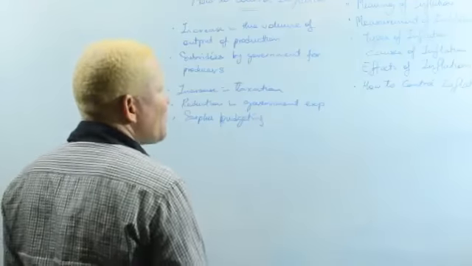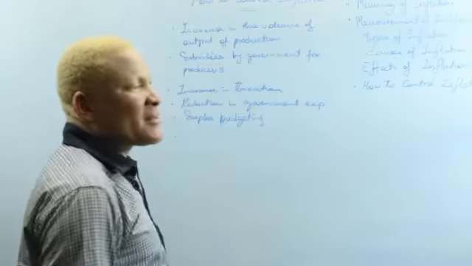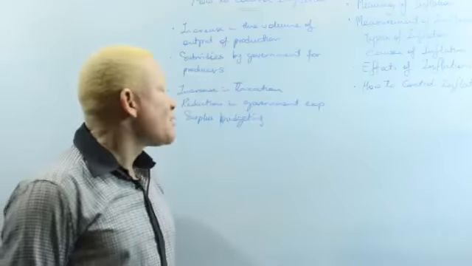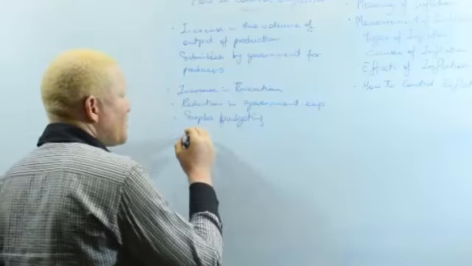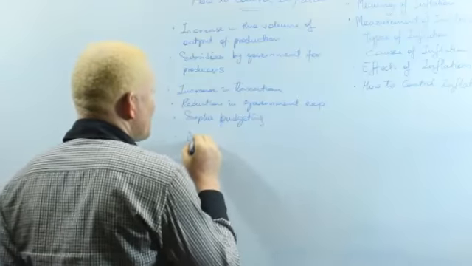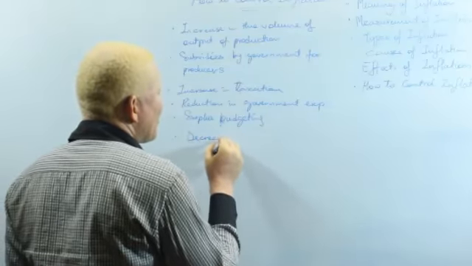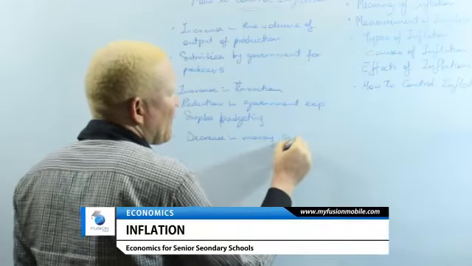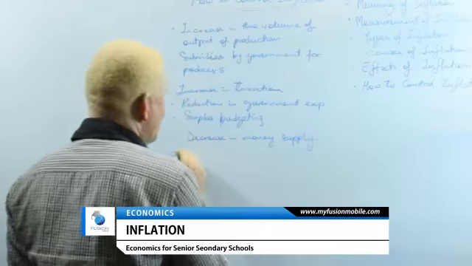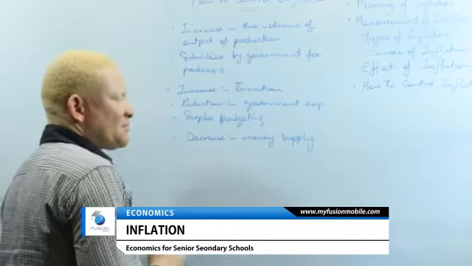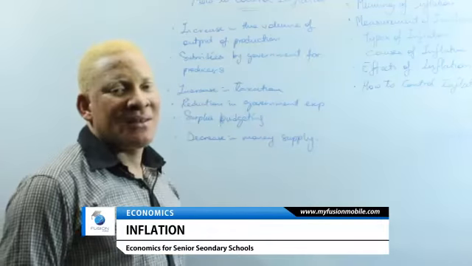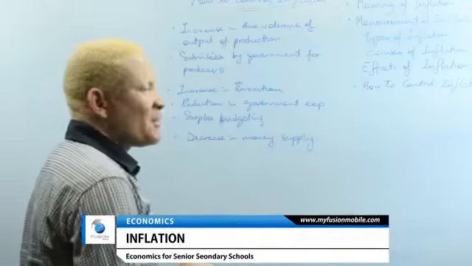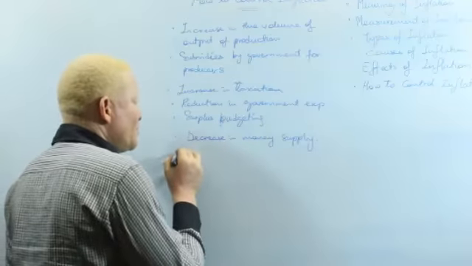Now, we could also look at the monetary policy side of it. That's what we call the monetary control. The monetary policy side of it, we look at what? Decrease in supply of money. How do we do that? We can do that by using any of the monetary policy instruments.